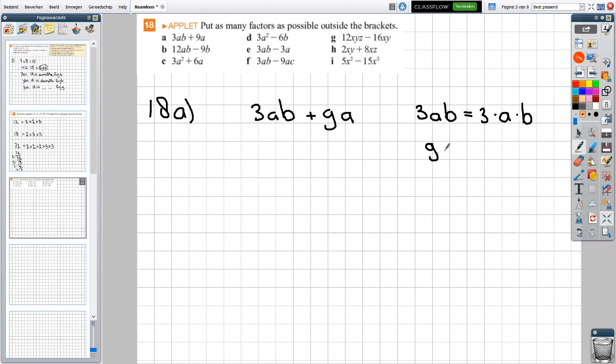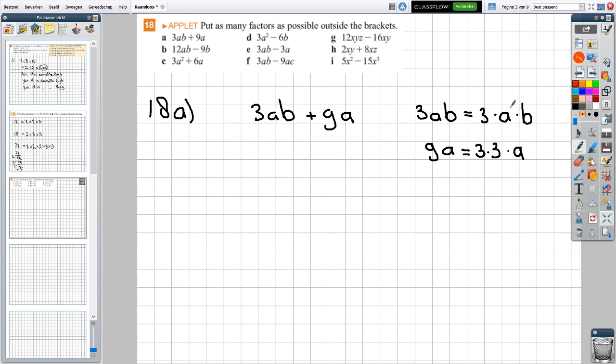9a, remember in this case, 9 is not a prime number. So I have to write this as 3 times 3 times a. Okay? So these are the prime factors of 3ab, these are the prime factors of 9a. If I now want to find the common factor, I'm going to take a look at which numbers and or letters occur both in this part and in this part, right?